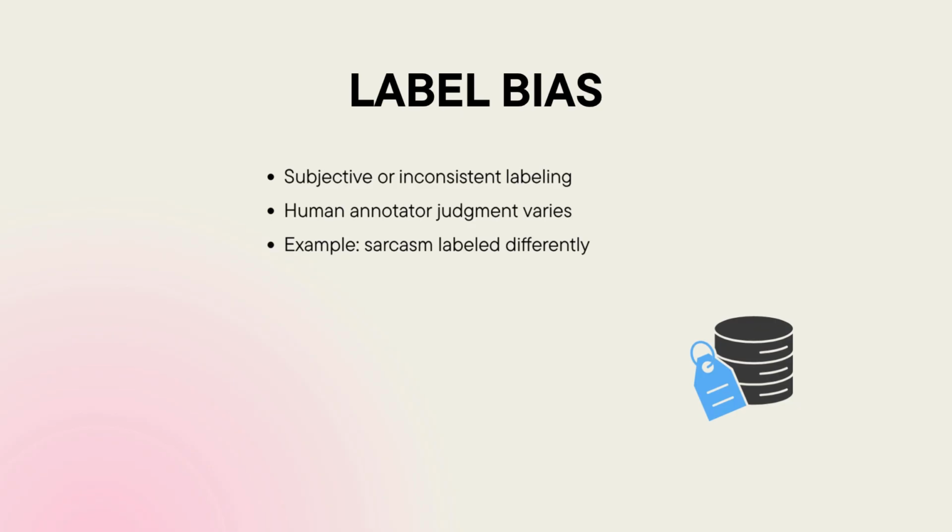They often reveal cultural differences, unconscious biases, or unclear definitions. If such inconsistencies go unchecked, the model learns those same biases. Clear instructions, consensus mechanisms, and diverse labeling teams can reduce this risk. Label bias reminds us that models are only as objective as the humans who teach them.